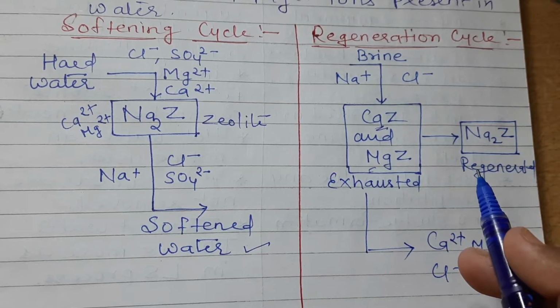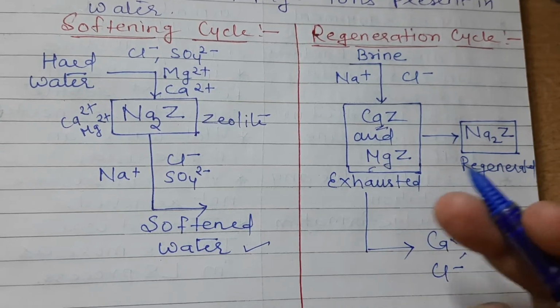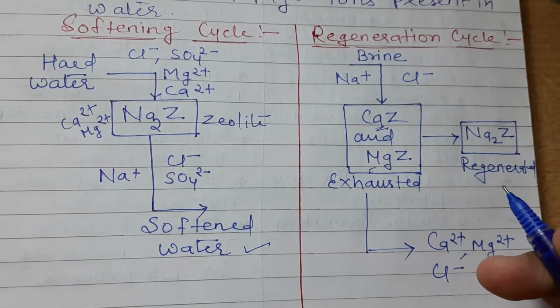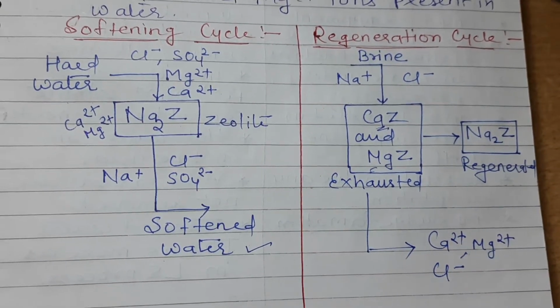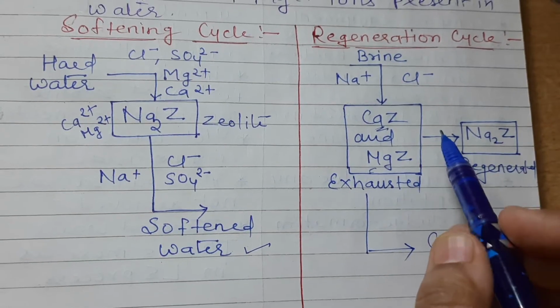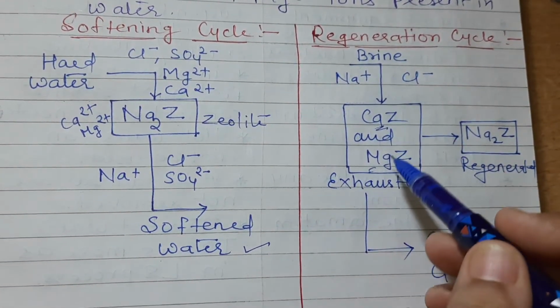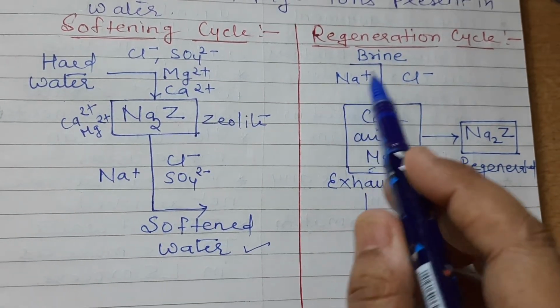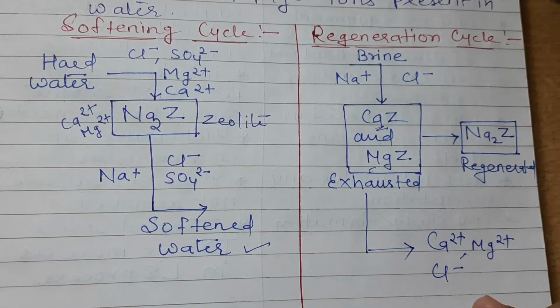Exhausted means the zeolite is no longer capable of exchanging any further calcium and magnesium ions, since all the sites are already occupied. If you pass hard water through it now, it will pass through with the same chemical concentration, so no ion exchange will occur.